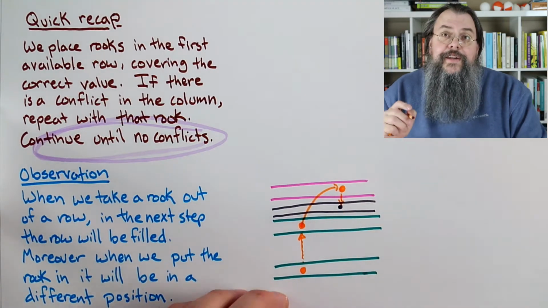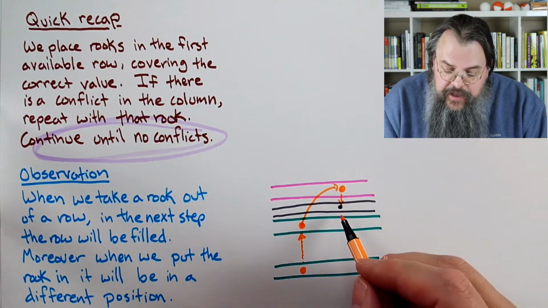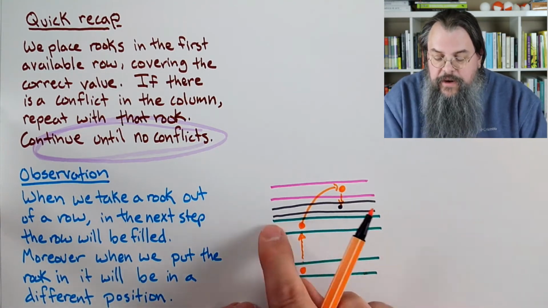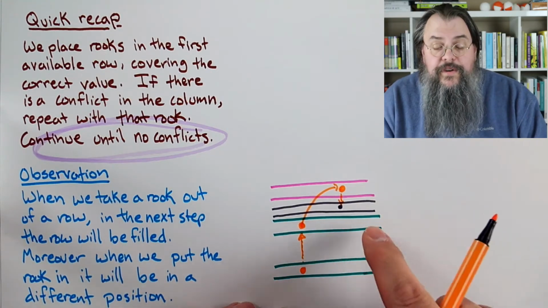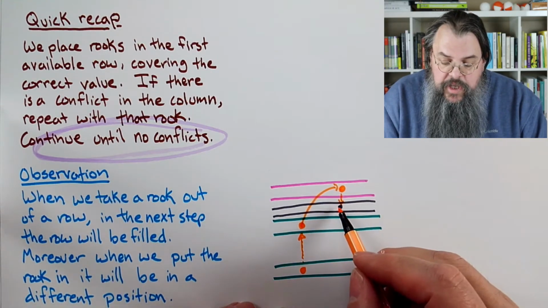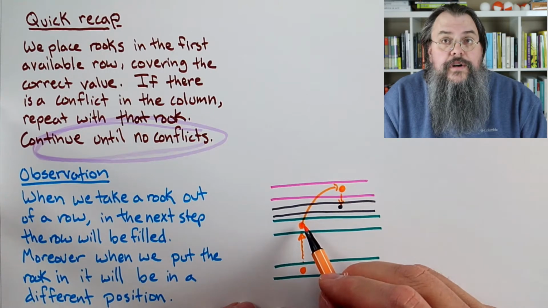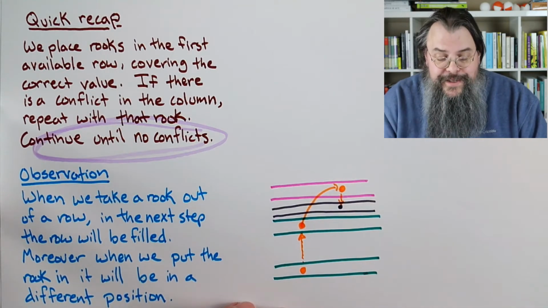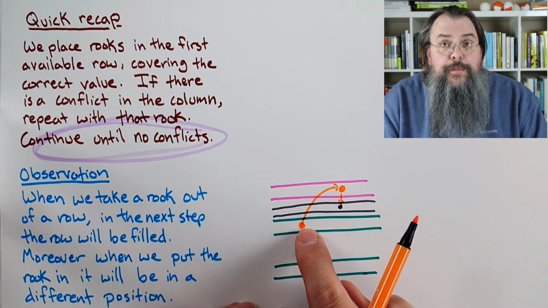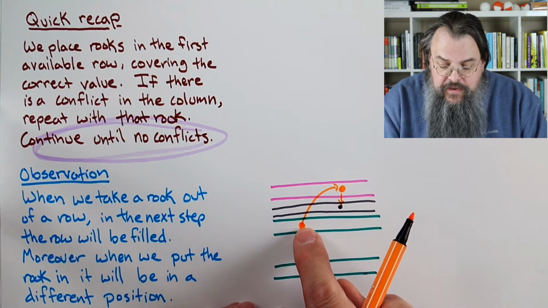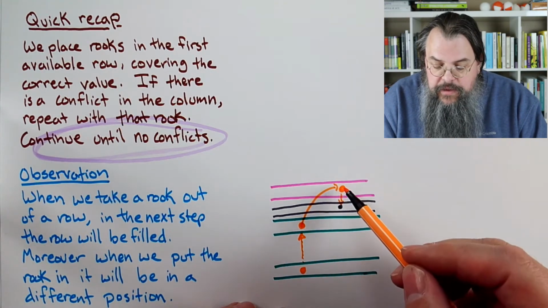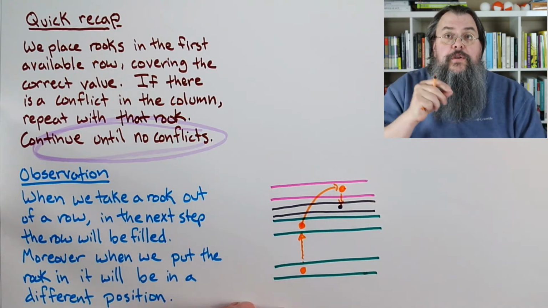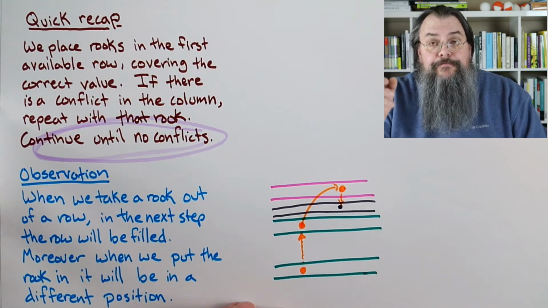Okay, and here's the second part of the claim. The second part of the claim says that, look, this is now an empty row. It's the first empty row, so we have to move back in. We can't move back where we were. Why not? Well, this has a label. So whatever the label is here matches the label there because the rooks maintain the labels.